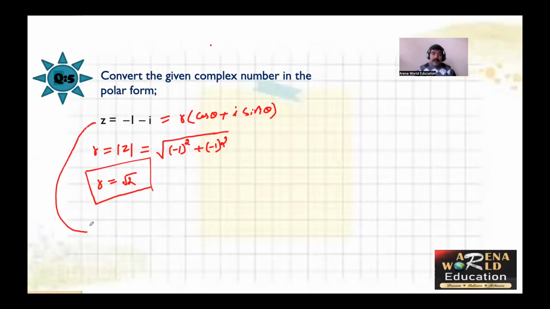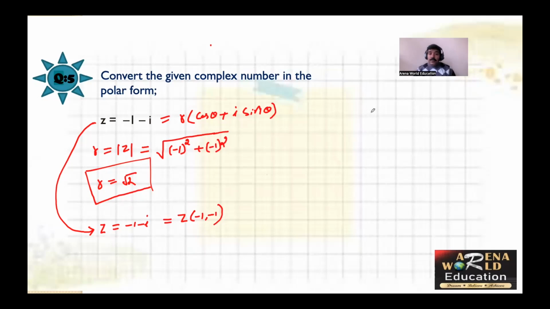Theta is the argument. And what we will do? We will write the given complex number in the form of a what? Coordinates. So there is a point z having coordinates -1, -1, right? -1 is real part and imaginary part is also -1, right?